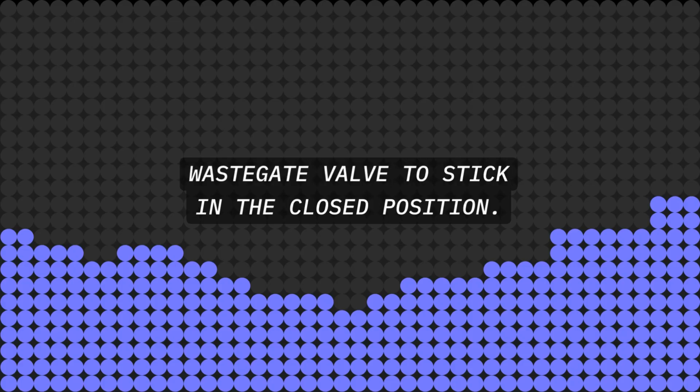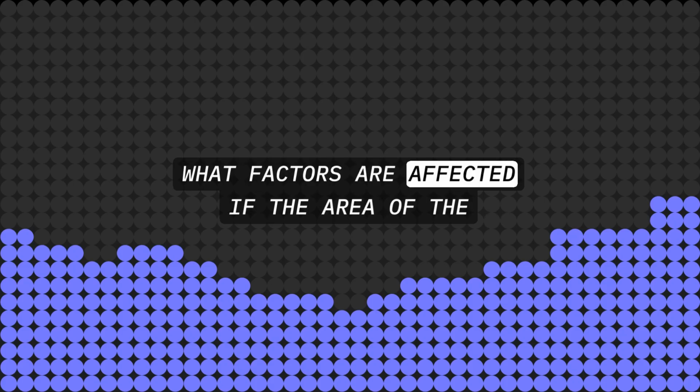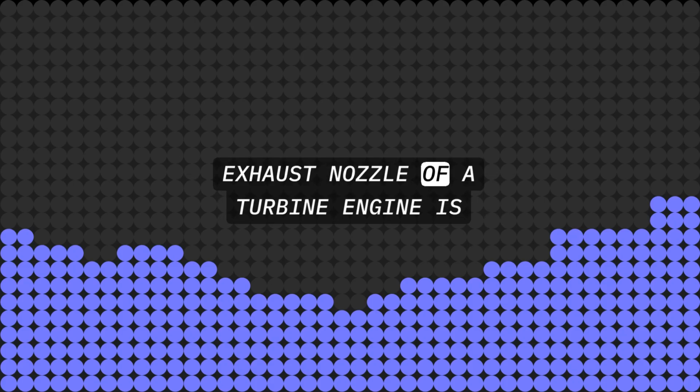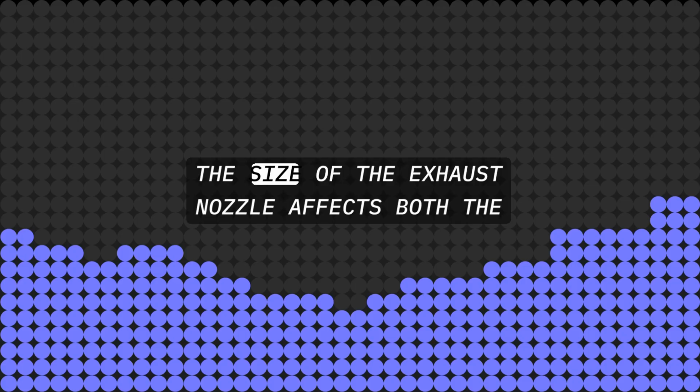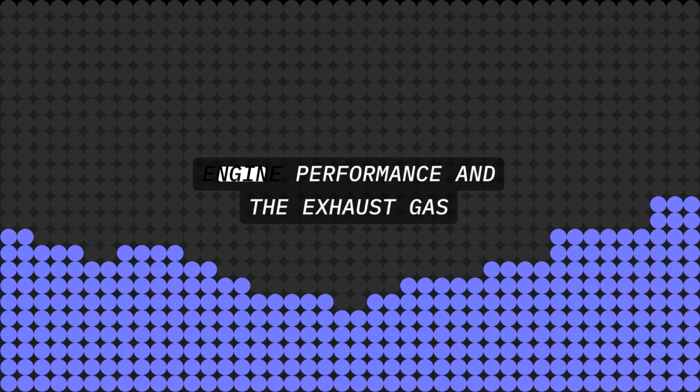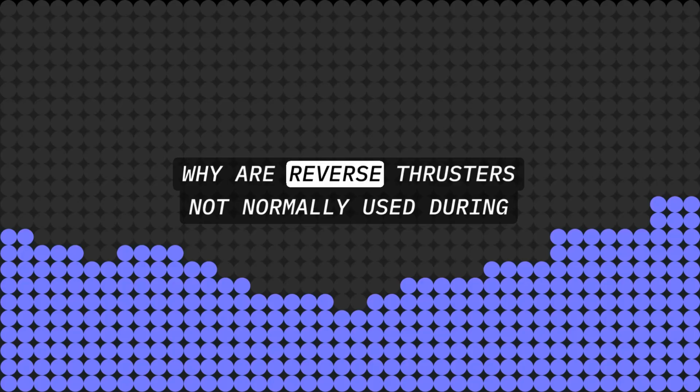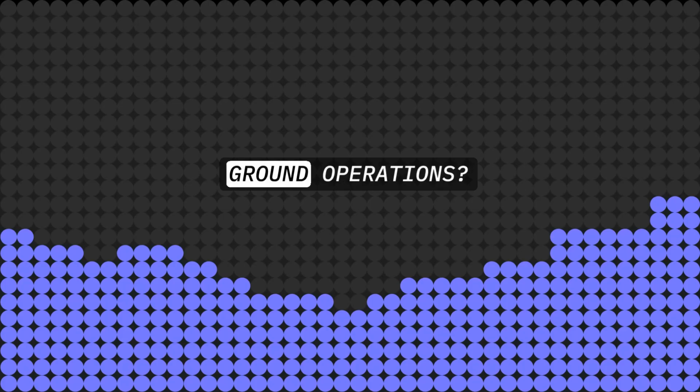What factors are affected if the area of the exhaust nozzle of a turbine engine is changed? The size of the exhaust nozzle affects both the engine performance and the exhaust gas temperature. Why are reverse thrusters not normally used during ground operations?